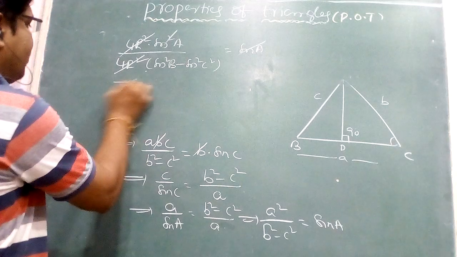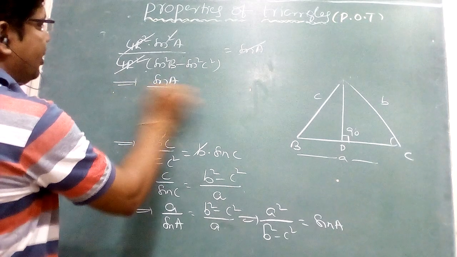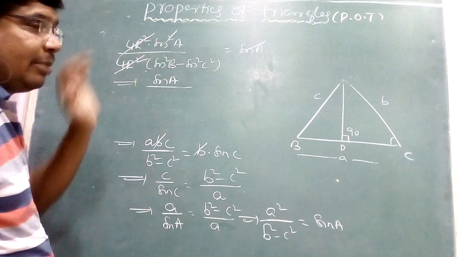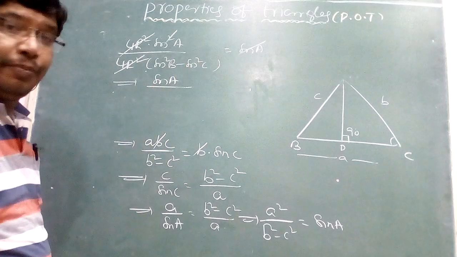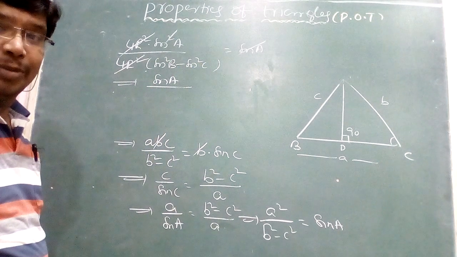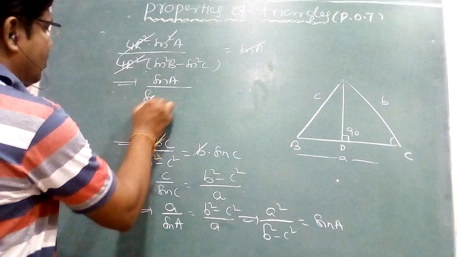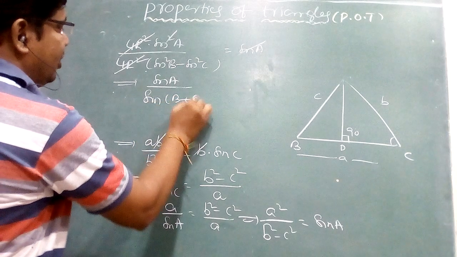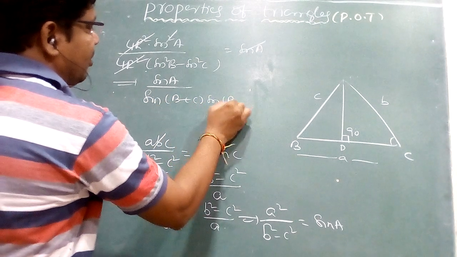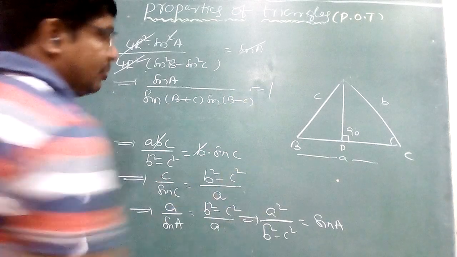Now again, one more sin A is there here. Sin square B minus sin square C can be written as sin of (B plus C) into sin of (B minus C). Sin of (B plus C) into sin of (B minus C) is equal to 1.